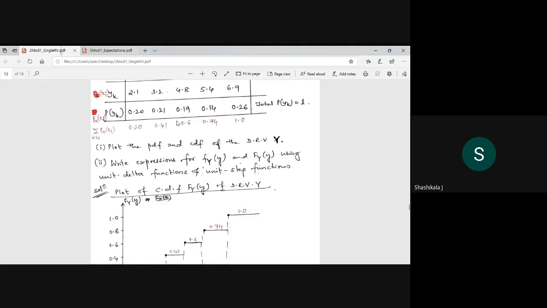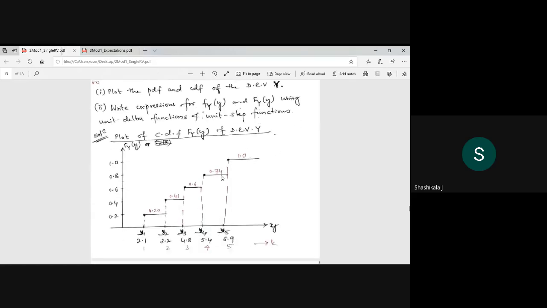Similarly, it is 0.60 for 4.8 and 0.74 for 5.4. When you add the last one, you have to get the final value equal to 1. It can't be more than 1. If you are getting more than 1, please cross check, you have done something wrong in your calculation.